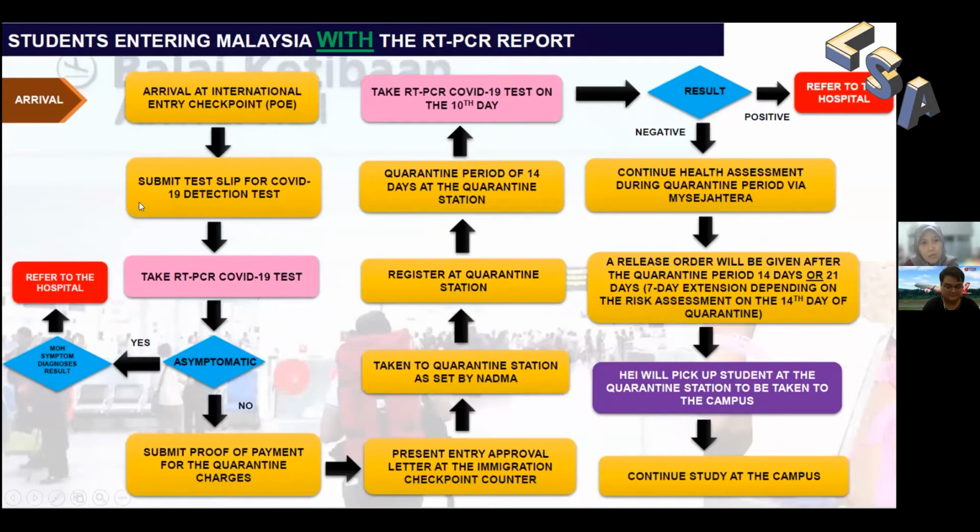This can also be accessed from the EMGS website, whereby a student needs to get the RT-PCR COVID-19 test, and then spend some days in quarantine. We call it a quarantine station upon arrival at KL International Airport, and they have to stay about 14 days before being allowed to go to Johor Bahru and UTM.